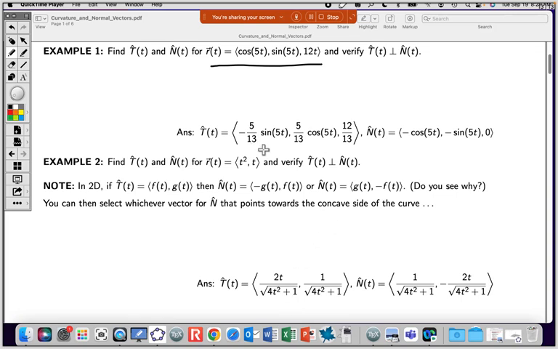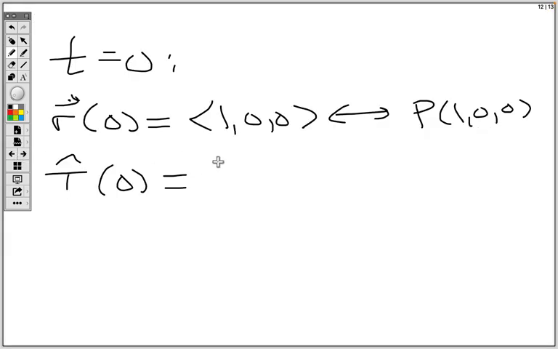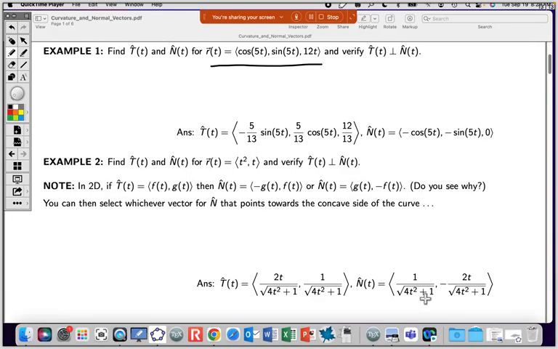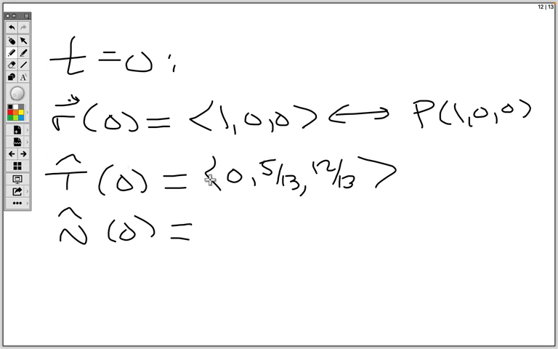T hat at 0 is going to be 0, 5/13, 12/13. And then n hat of 0 is going to be -1, 0, 0. All right, so we're going to put this into GeoGebra, and once again, I'm going to show you how we can kind of get a picture of what's going on here.